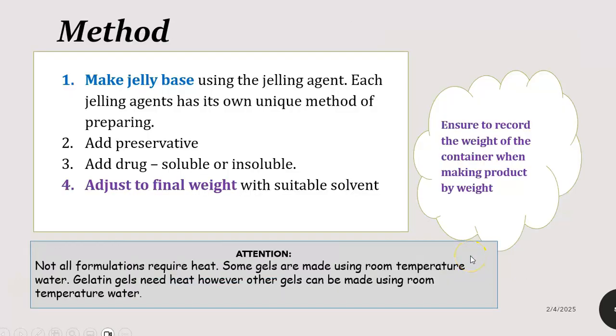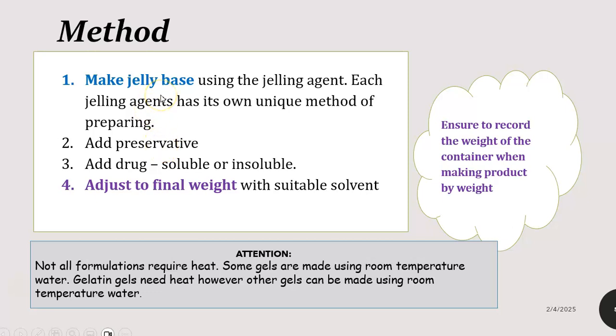Now, how do we basically make our jelly base? Yes, the base is the big thing. And so hydration of the jelly and incorporating the preservative in the jelly base is really what is crucial. You do not want to make your jelly base, add your drug, and then at the last of it all, remember you need preservative.